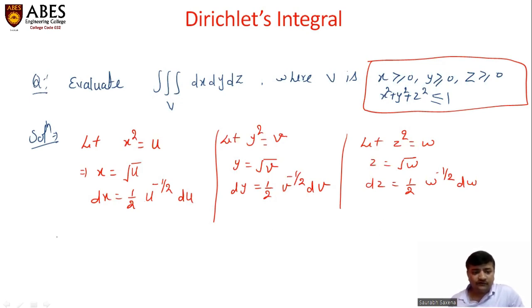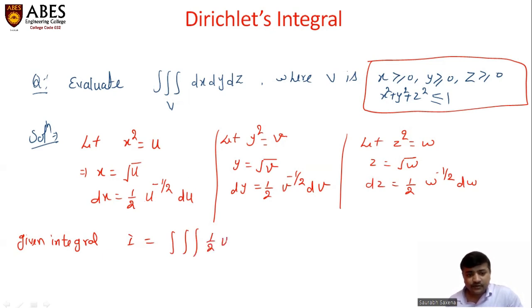By making use of this, the given integral may be written as the triple integral of 1 by 2 u raised to the power minus 1 by 2 du, 1 by 2 v raised to the power minus 1 by 2 dv, 1 by 2 w raised to the power minus 1 by 2 dw.